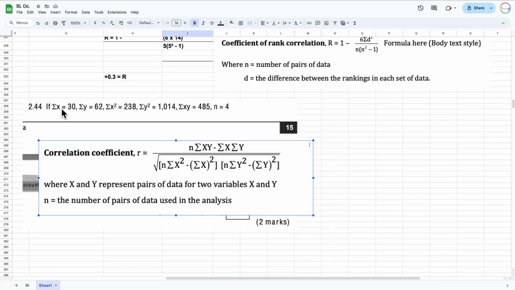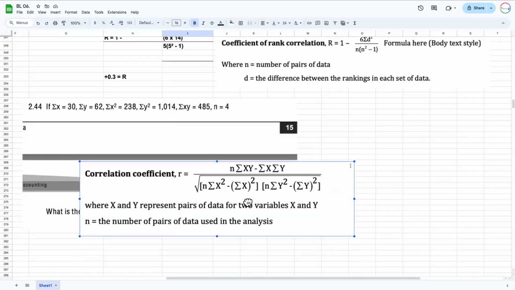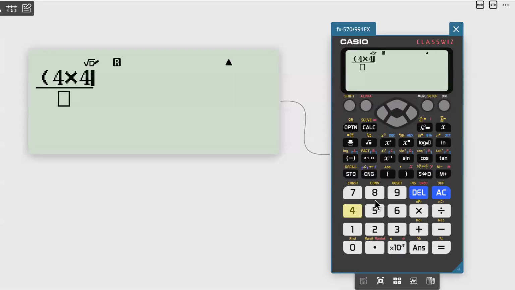The sigma xy is given as 485. Yes, 485. Right, close the bracket.